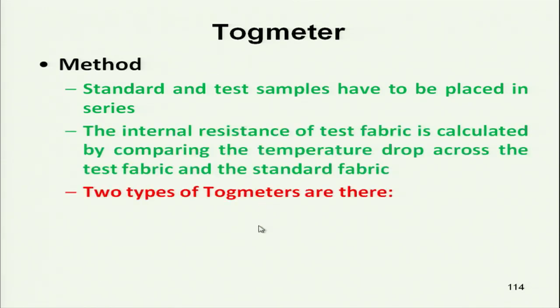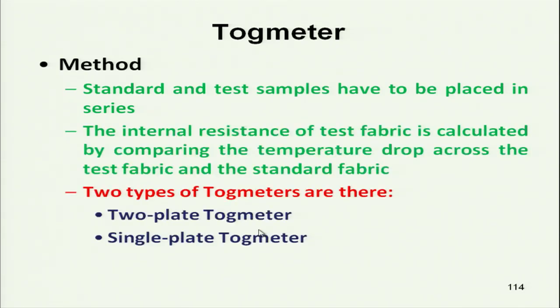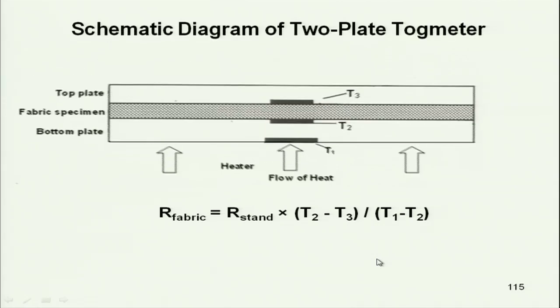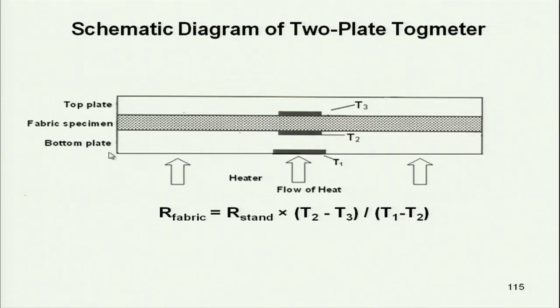In TOG meters, there are two types one can study: the two plate TOG meter and the single plate TOG meter. In the two plate TOG meter, the bottom plate is a standard plate of known resistance, and the fabric specimen resistance is unknown, which we have to measure. Another top plate is placed just to keep the fabrics in proper contact.